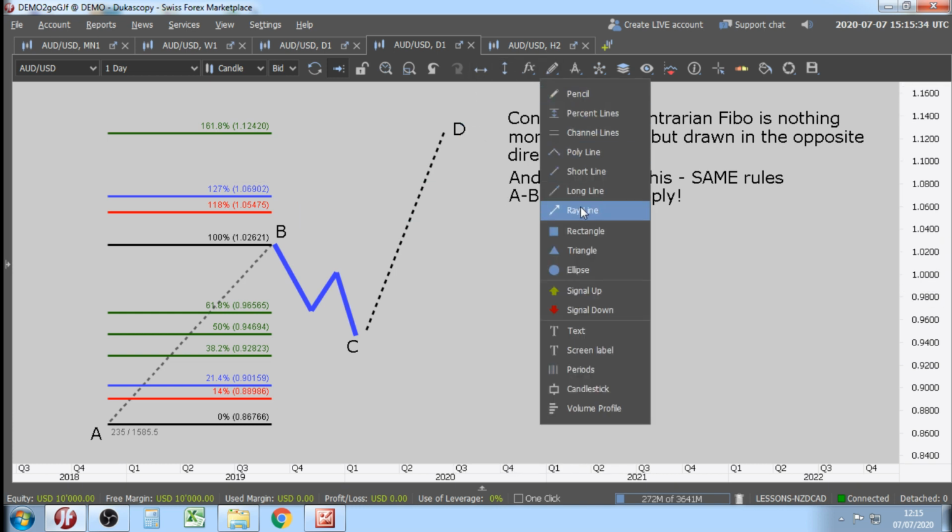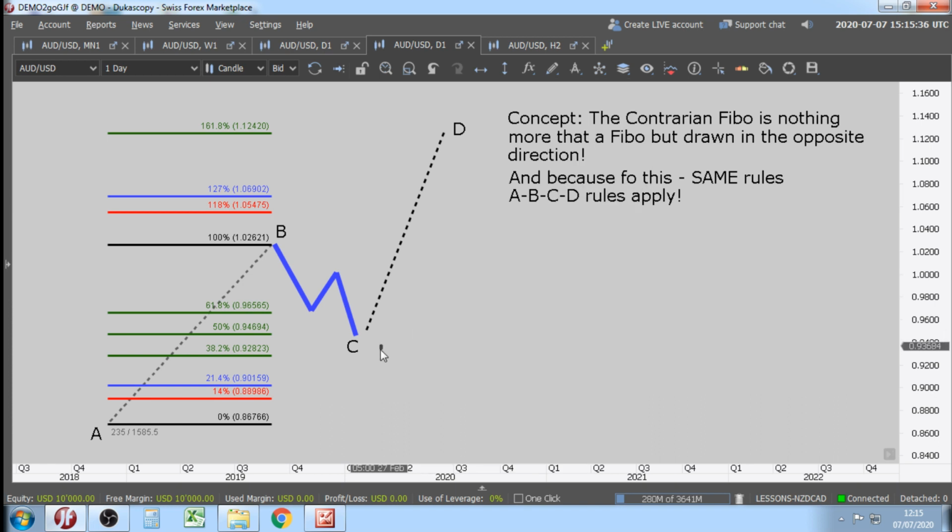So if I have my original Fibonacci and I want to draw a contrarian Fibonacci in here, I know that the same rules apply. If my original Fibonacci is in an uptrend, my contrarian Fibonacci is going to be in a downtrend. Passion, can you say yes?